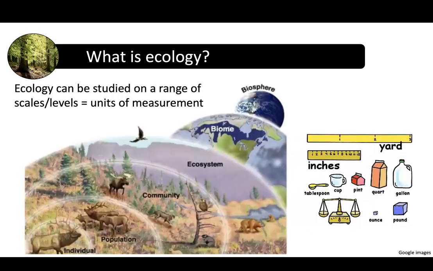And ecology can be studied on a range of different scales or levels, and you can think of these as units of measurement. The levels we're interested in can range from something small, such as one certain individual from a certain population, all the way up to the biosphere, which is just the planet.